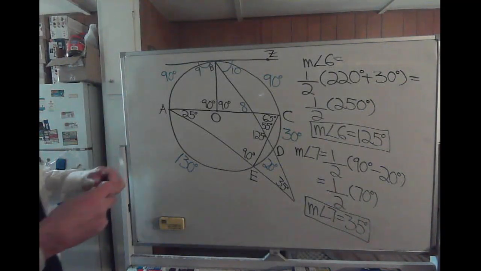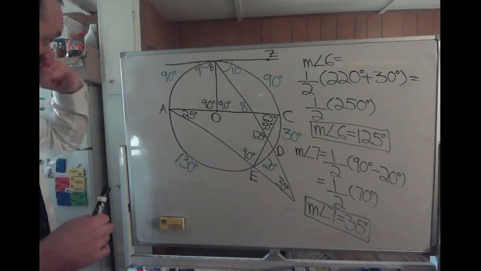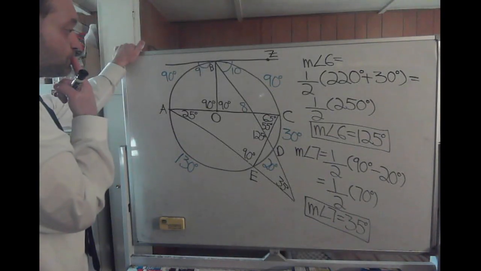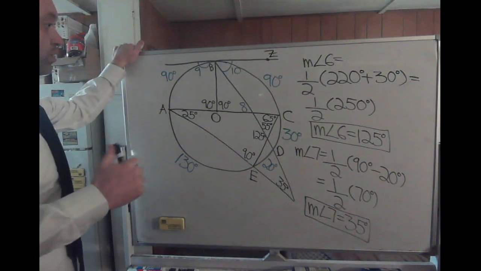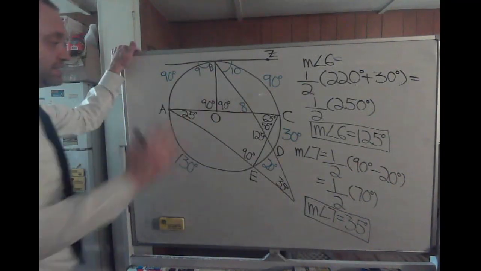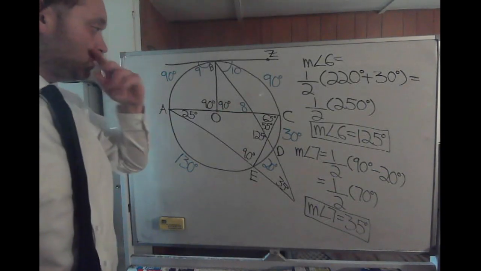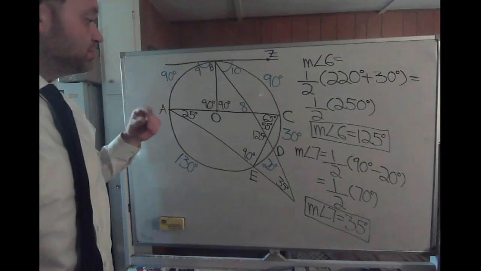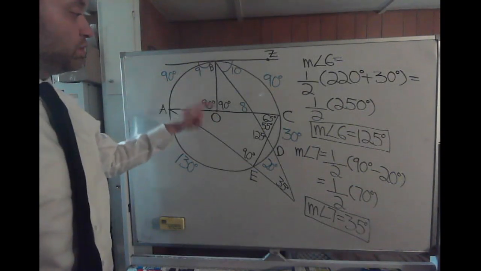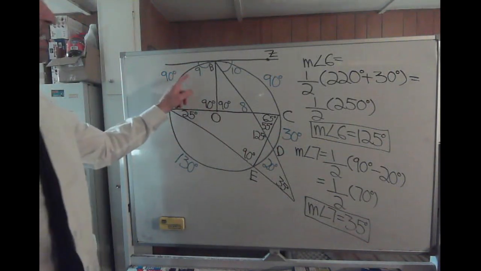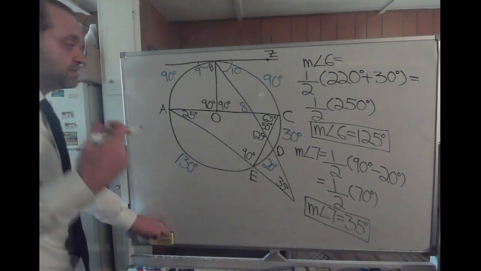Alright, so now we just got to figure out angles 8, 9, and 10. Alright, so this angle here is an angle inside of the circle formed by two intersecting chords, so it's going to be half the sum of the arcs CD and AB, because that's what it intercepts.